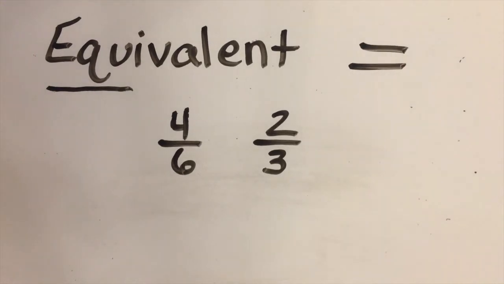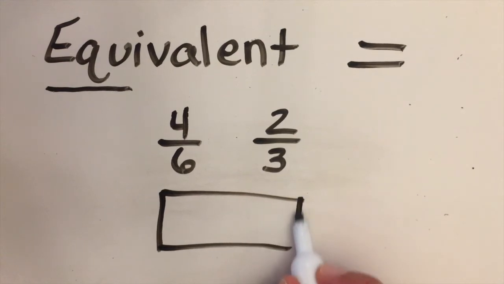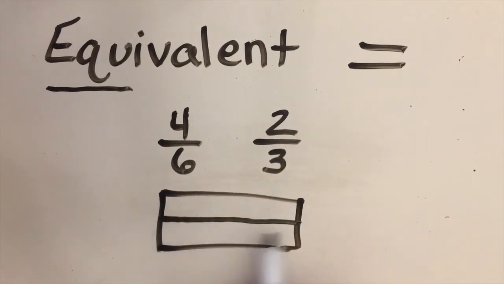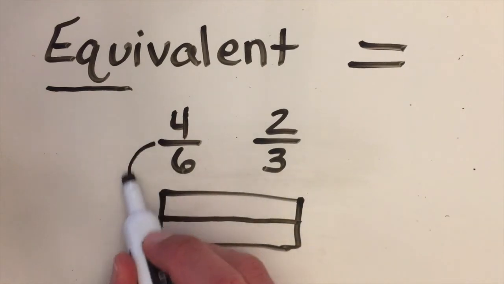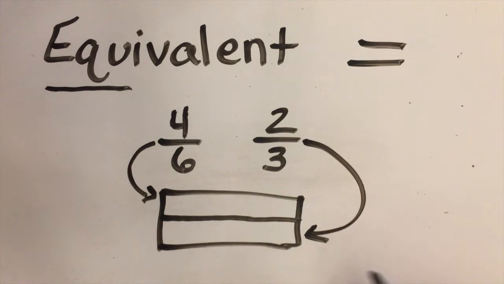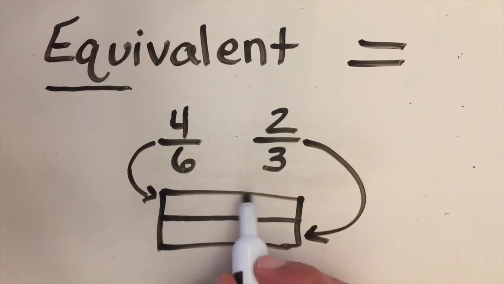We can also use the same strategy that we used when we were comparing fractions. So what I would do is draw my rectangle that stands for one whole from one side to the other. 4/6 is going to be our top portion. 2/3 is going to be the bottom portion. So I know that 6 is an even number, so it has a midpoint.